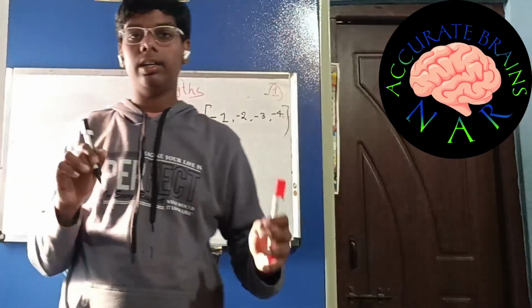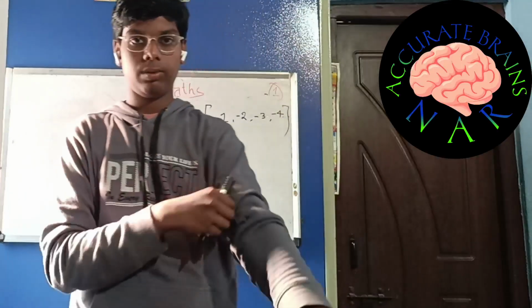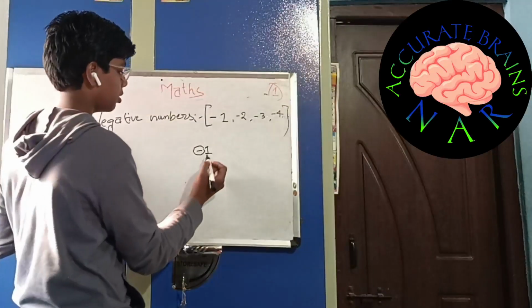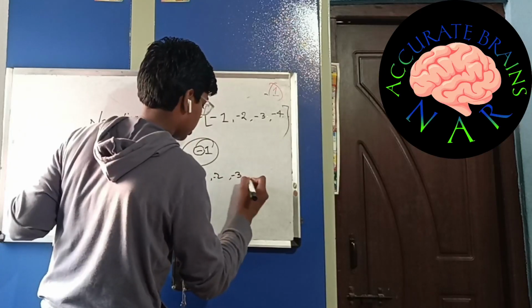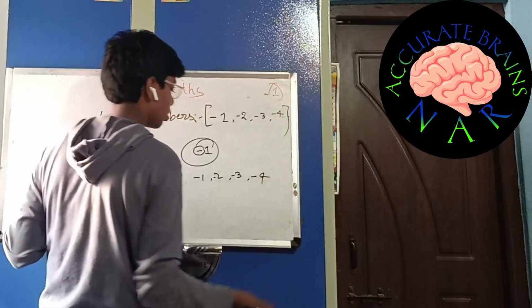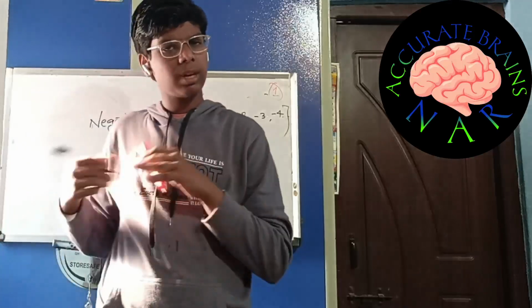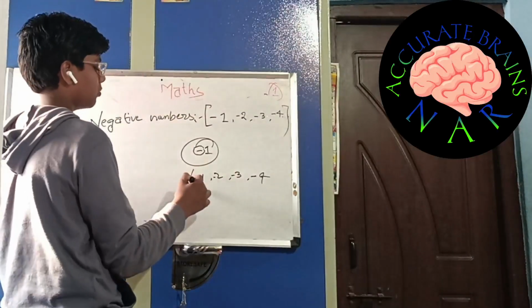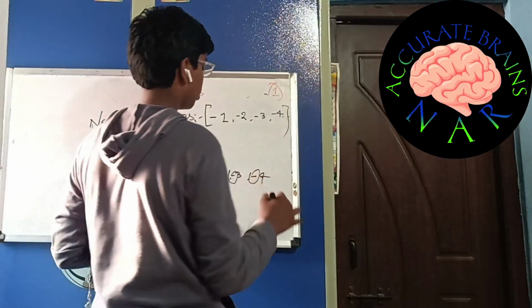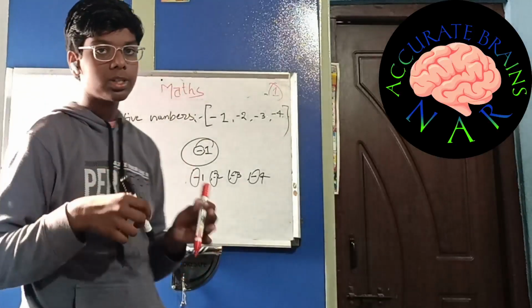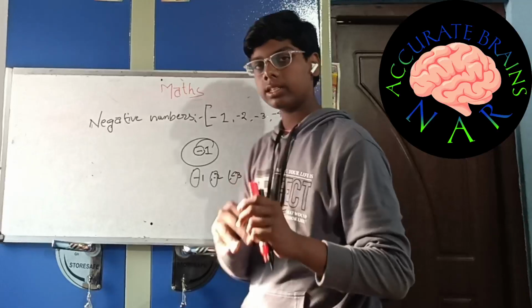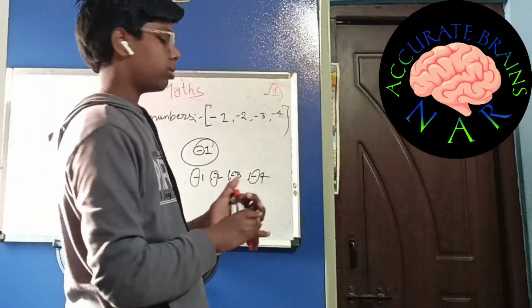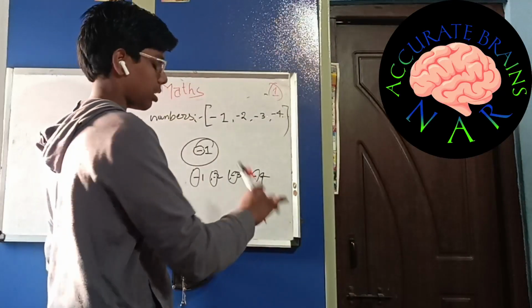This symbol indicates negativity. So -1, -2, -3, -4, they have minus symbols in front of them, so they are not positive, they are negative numbers. That minus symbol indicates negative, so they are called negative numbers.